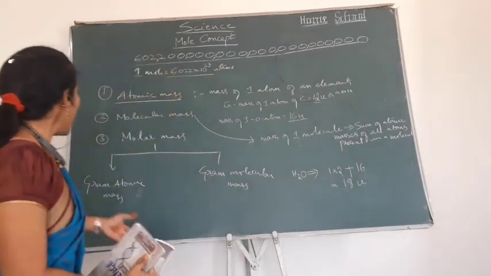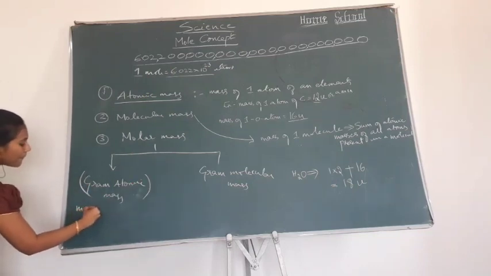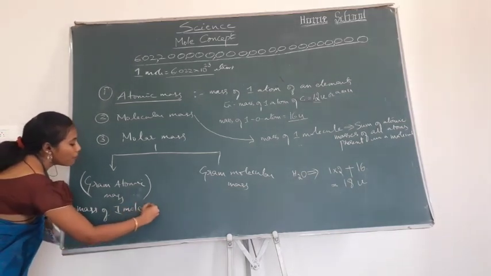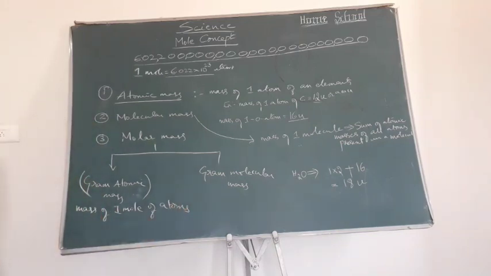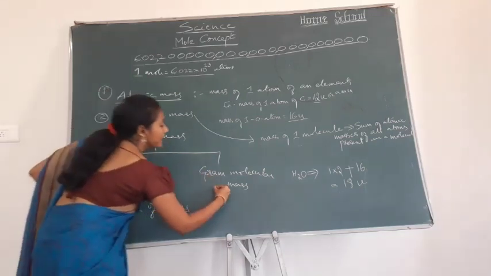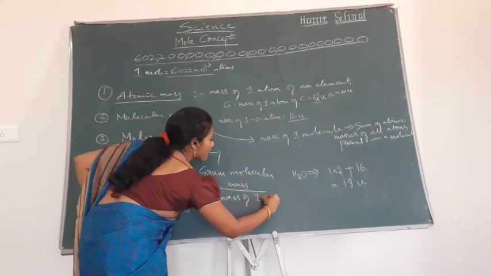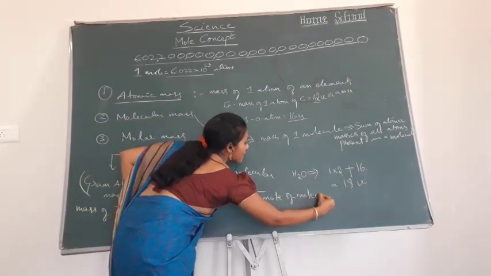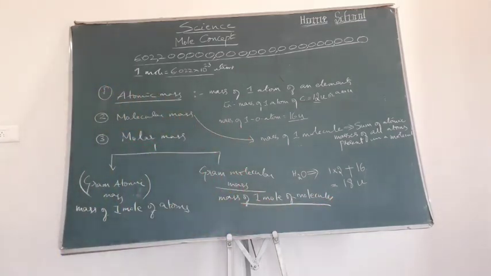So gram atomic mass means the mass of 1 mole of atoms. What do you mean by gram molecular mass? Mass of 1 mole of molecules.